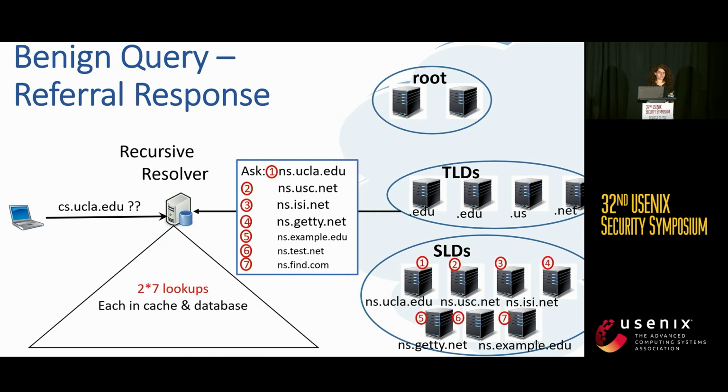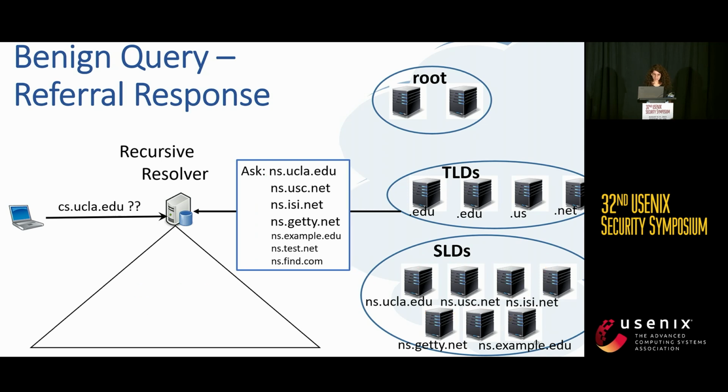The first thing the resolver is going to do is look up each of those names in the cache and database, creating 14 lookups in total. Those lookups are quite heavy in terms of CPU instructions on the resolver processor.